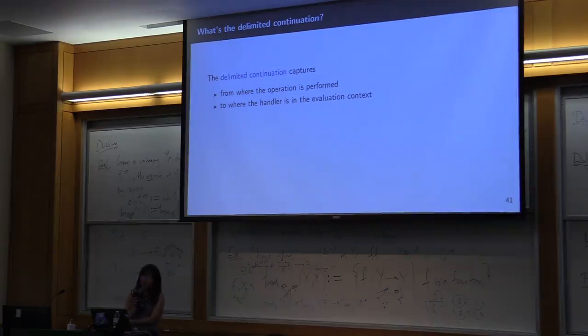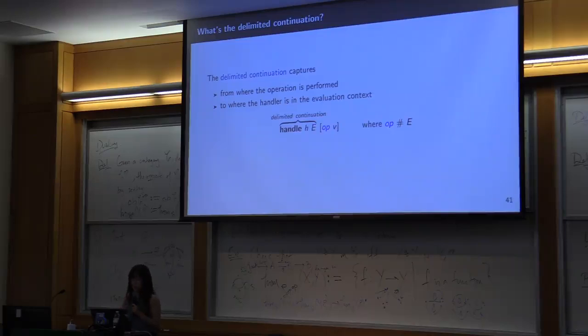And a delimited continuation is a continuation that does not capture the whole rest of the program, but is delimited at a certain point. In the case of effect handlers, this delimited continuation will capture from where the operation is performed to where the handler used to handle this operation is in the evaluation context.